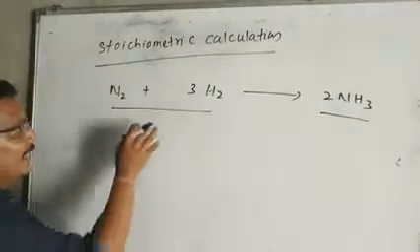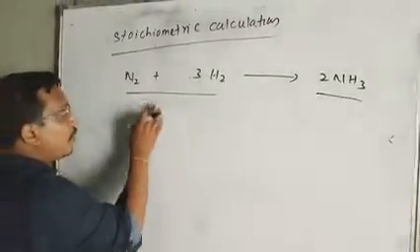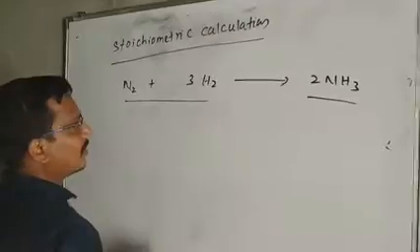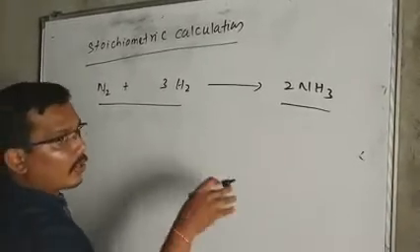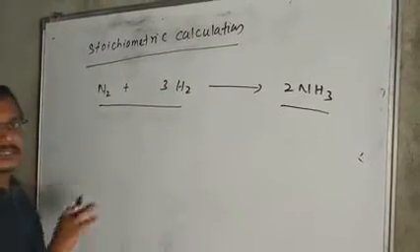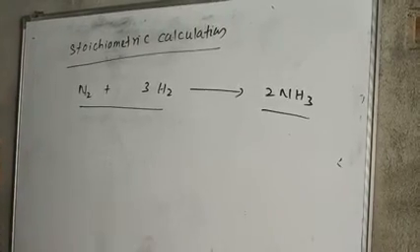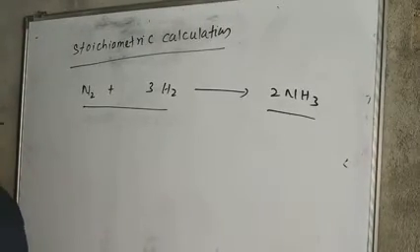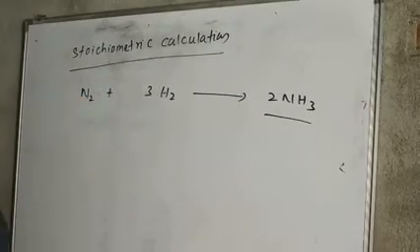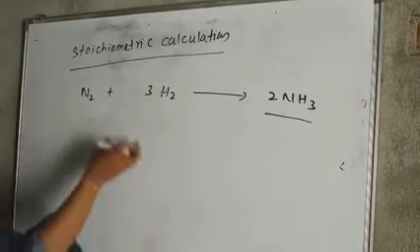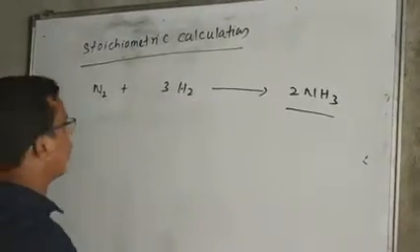If you want to relate the reactant with the product, how much reactant is taken, how much product will be obtained, and how much product is obtained from how much reactant, that can be calculated easily with the help of stoichiometry calculation. That means it is the calculation by which we can relate the quantitative relationship between the reactant and the product.